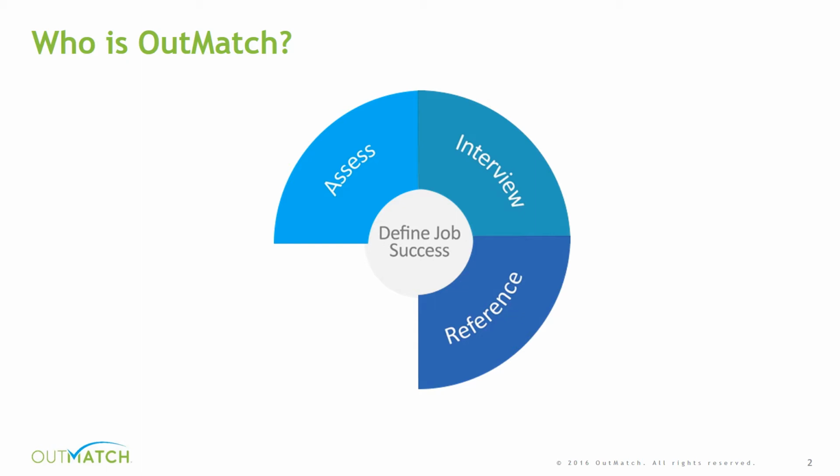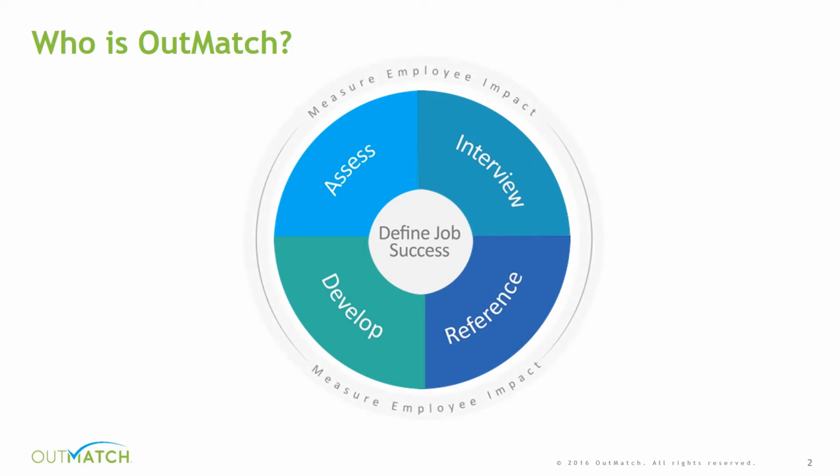Once a candidate is hired, employee development is crucial to your company's success. Using OutMatch, you can identify competency strengths and gaps, as well as identify those with potential for future roles in your organization. Throughout this entire process, our goal is to help you gain a deeper understanding of candidates and employees by helping you identify and measure those areas that are most predictive of success.